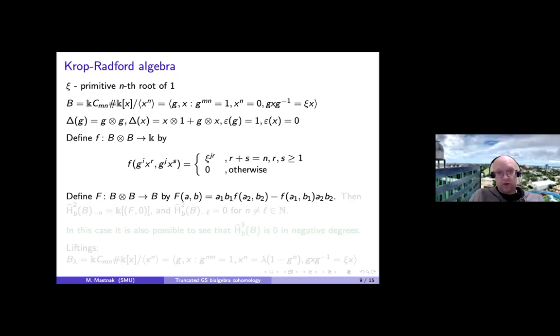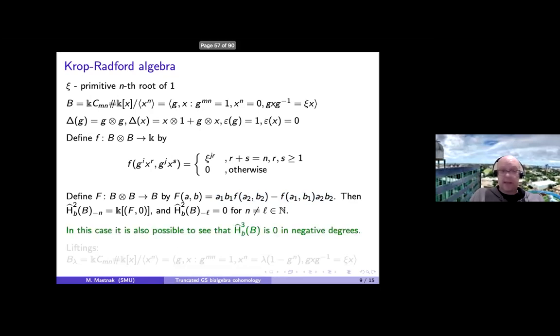you can make it into a map from B tensor B into B by this formula. Here I'm just using the abbreviated Sweedler-Heyneman notation for the coproduct. And then you can see that the second cohomology in degree -n is precisely one-dimensional, spanned by this (f, 0), and it's 0 in all other negative degrees.